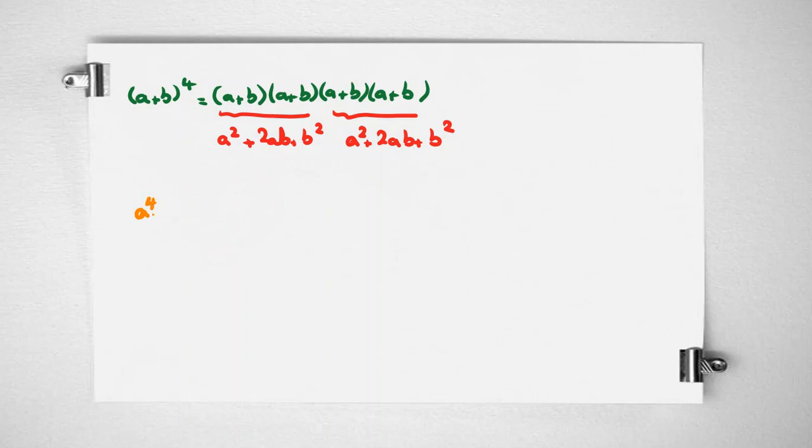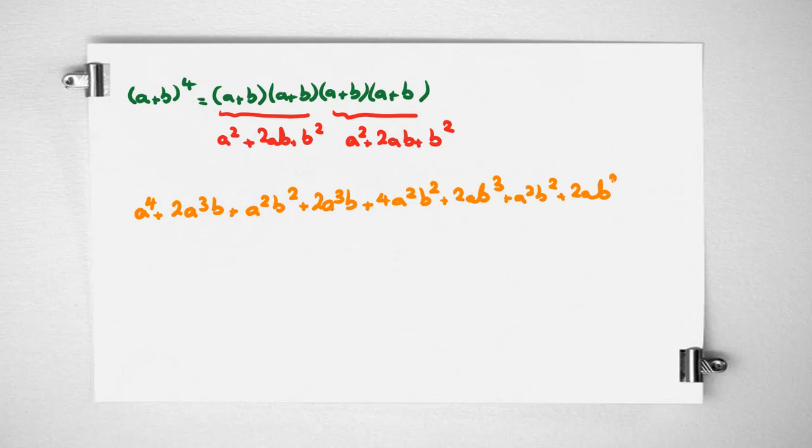If we multiply A squared by all of them, let's see what we have. A to the 4, 2A cubed B, plus A squared B squared. Then multiplying here, 2A cubed B plus 4A squared B squared plus 2AB cubed. Then B squared times A squared, it will be A squared B squared plus 2AB cubed plus B to the 4.